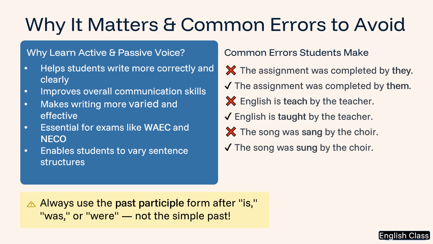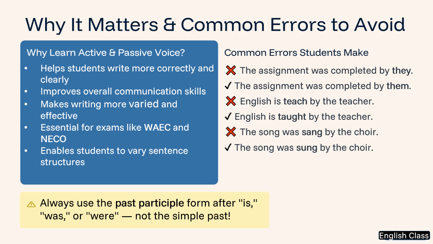The correct thing should be the assignment was completed by them. The right pronoun comes in. They is in the active, but when it comes to being passive, it changes to the objective form, them. I hope you get that. If you don't get it, you can leave a comment, and we could bring you more clarity.